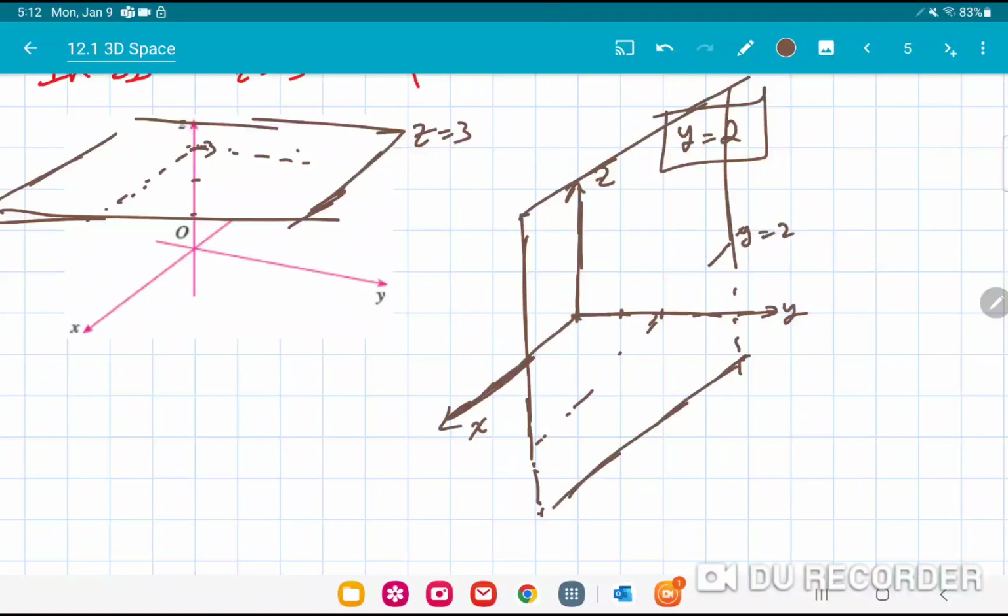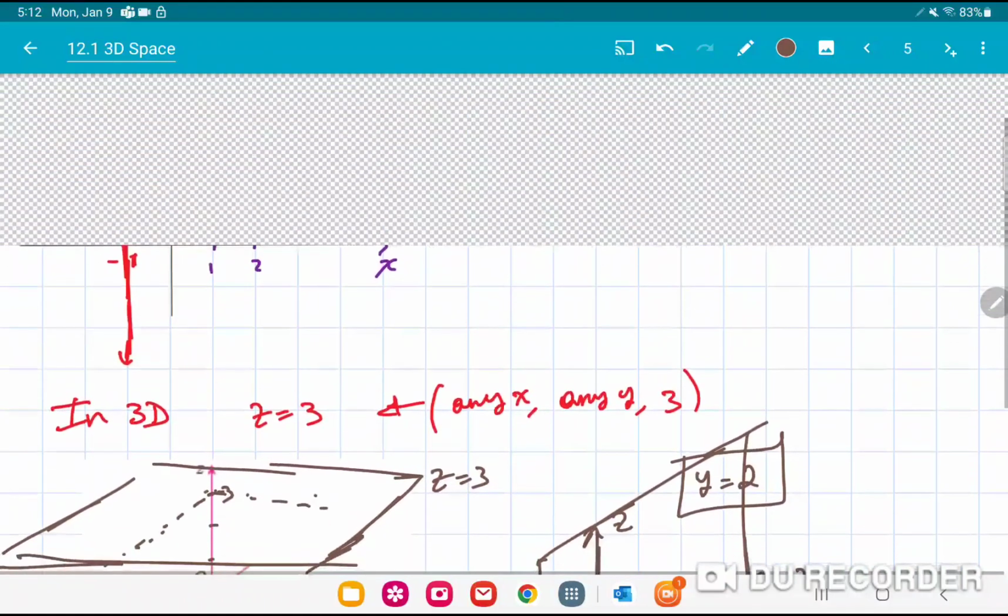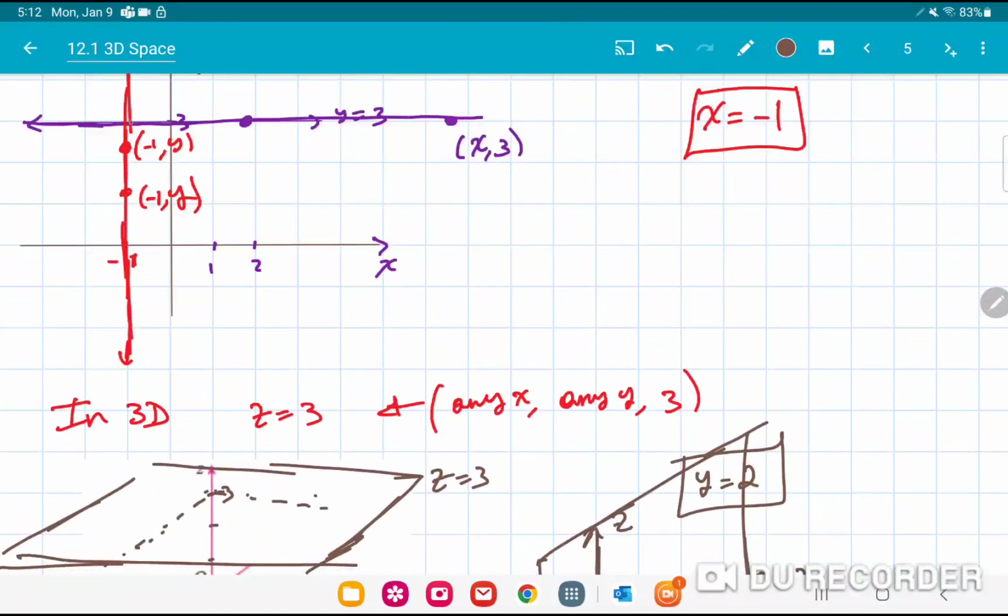Okay, and so this is really similar to our system of what we had with 2D. When we say x equals -1, we really mean -1 unit away from the y-axis, parallel to the y-axis. And when we say y equals 3, we mean the line 3 units away from the x-axis, but parallel to it.